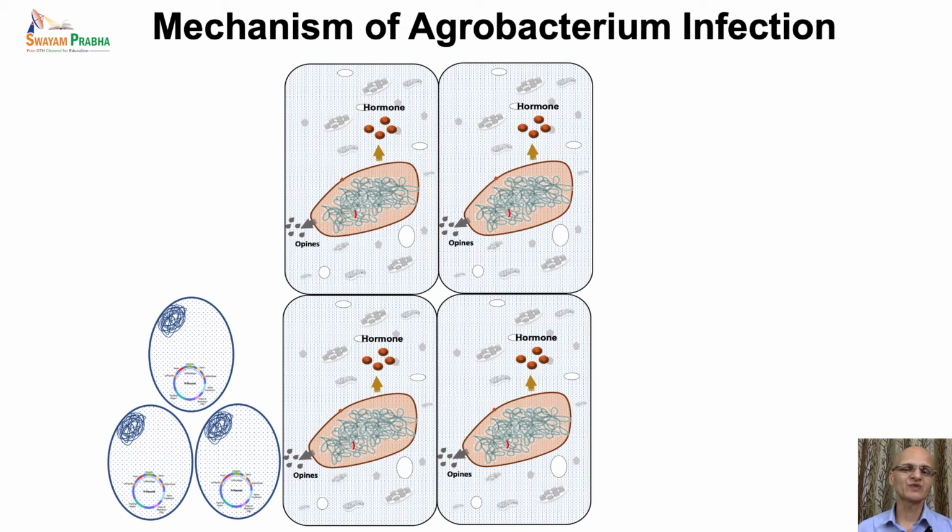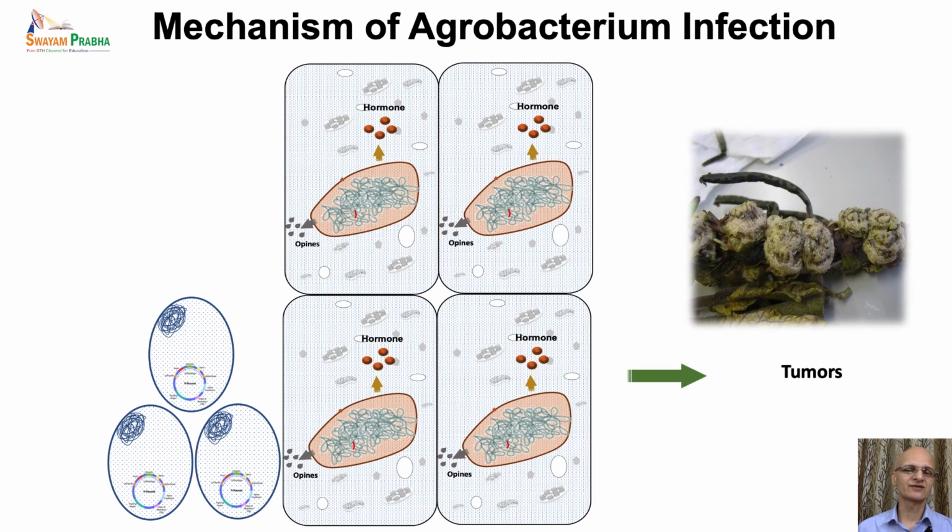And in this way, uncontrolled synthesis of the plant hormone leads to the uncontrolled division of the cells, leading to the formation of tumors. And this is called the crown gall disease.